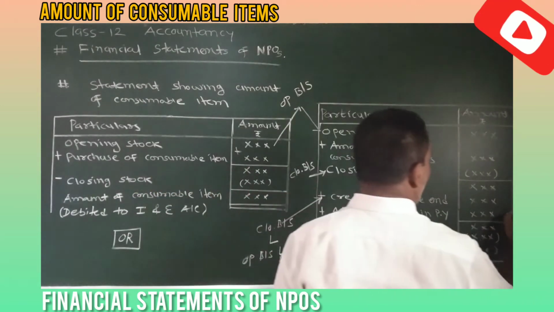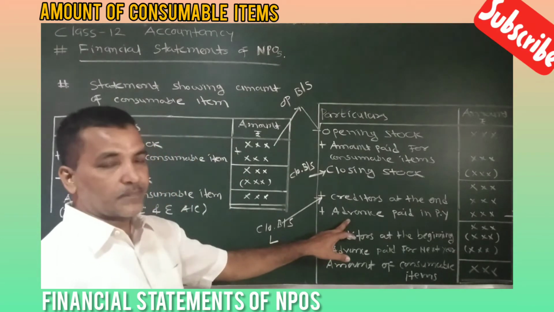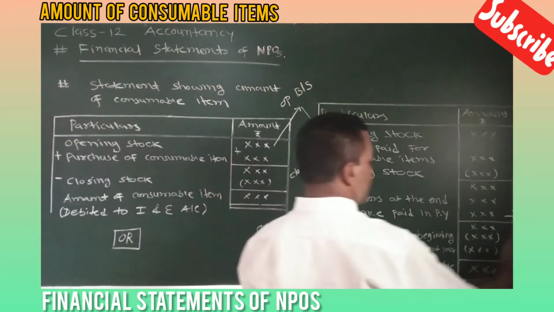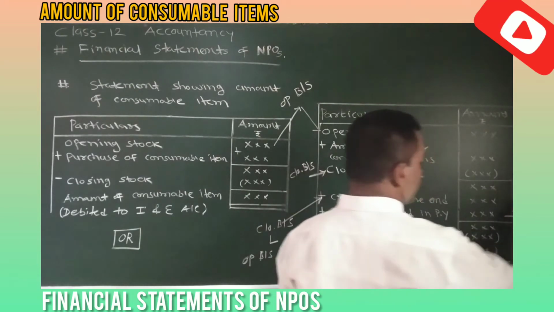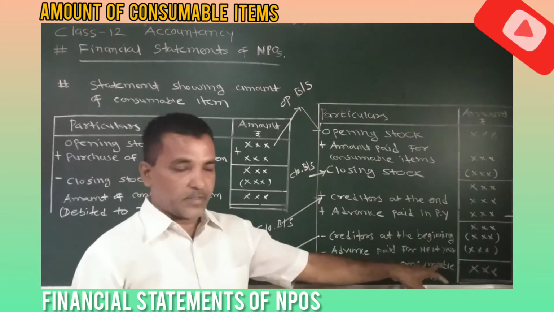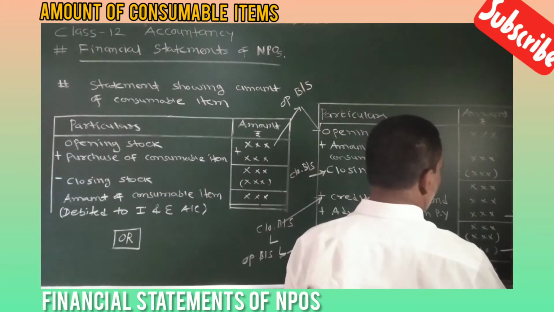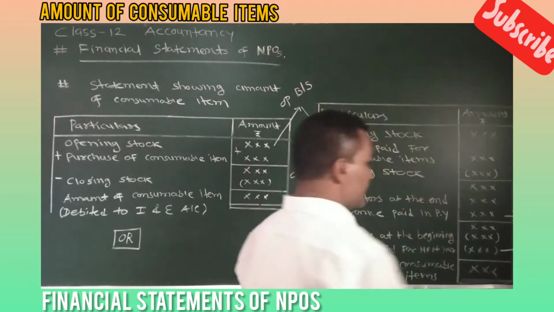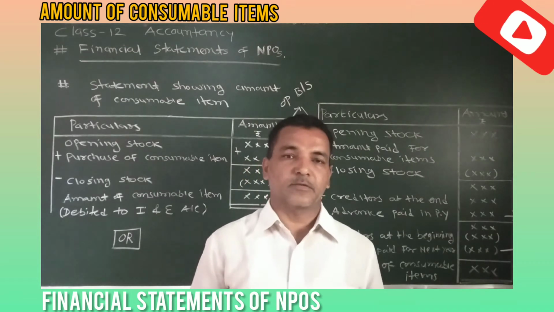So if the opening advances are given, then that will go in opening balance sheet asset side, and advance paid for next year, it will go in closing balance sheet asset side. So if balance sheet is asked, you can record in this way.